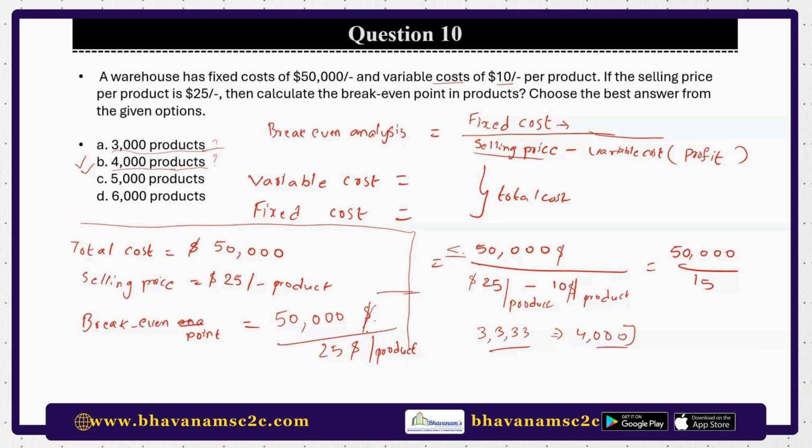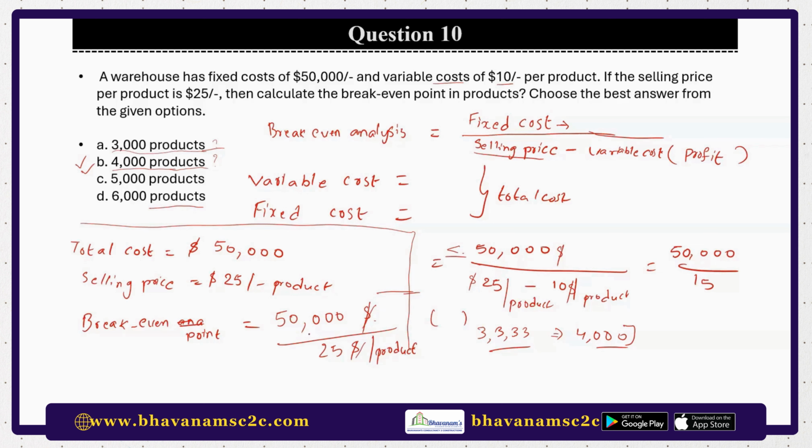If you cancel the units here, you will cancel dollars and dollars, and products will go to the numerator at the end of the answer, and the answer they asked is in terms of products. So whenever you are cancelling or simplifying a fraction, please give the units. It will give you clarity and confidence that you are moving in the right path.